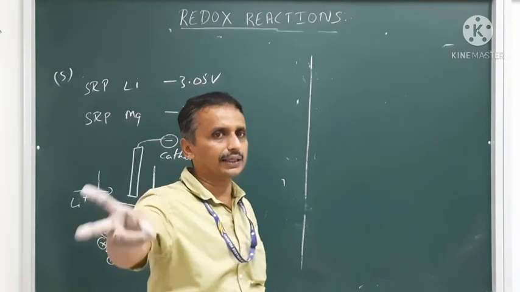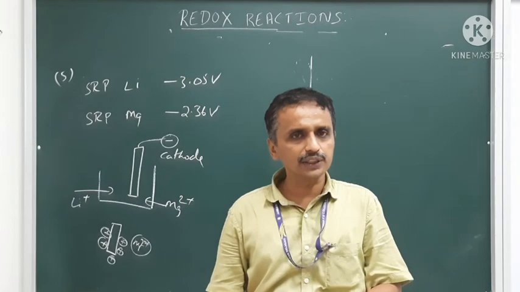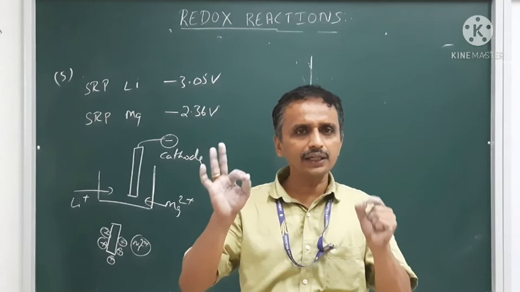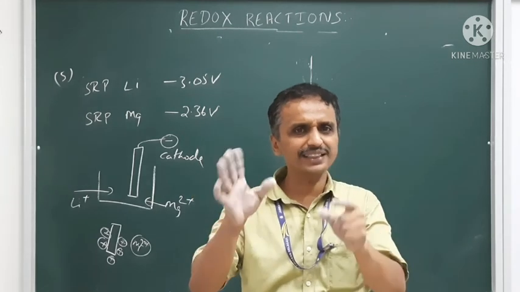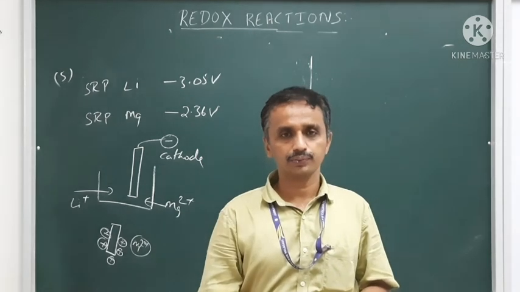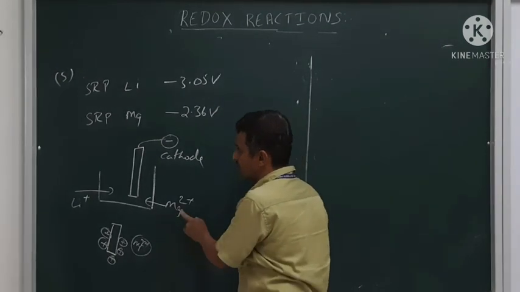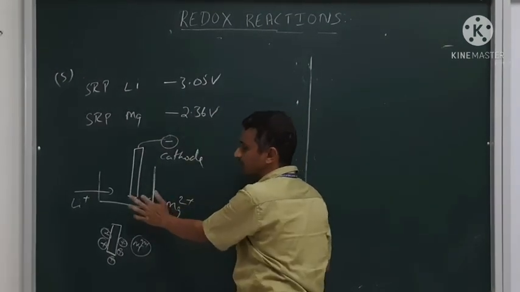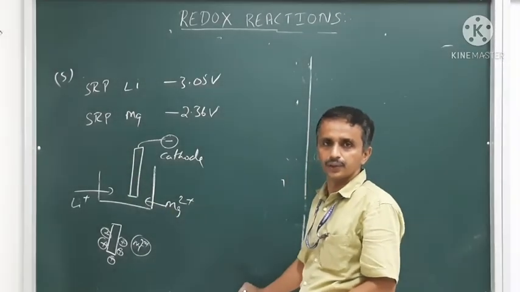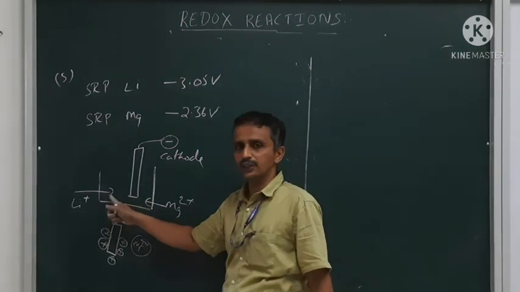When 3 or 4 cations are present, the cation which has the highest SRP will move first towards the cathode. So here, the higher value is for magnesium, so magnesium goes here and undergoes reduction. Mg2 plus 2 electrons gives magnesium, while the lithium plus ion remains in the solution.